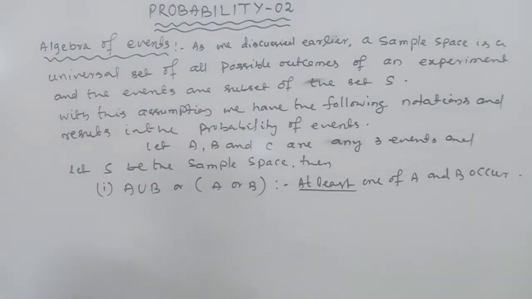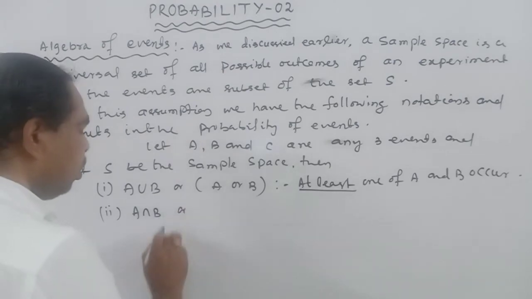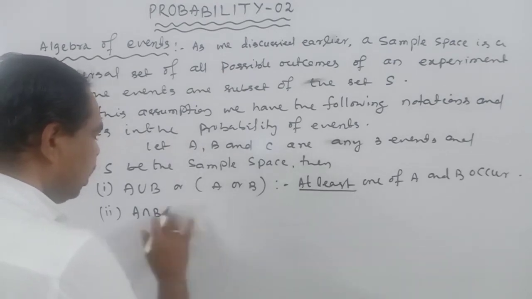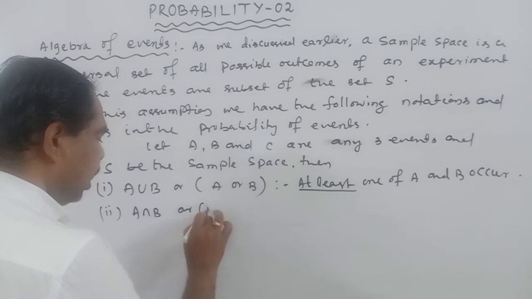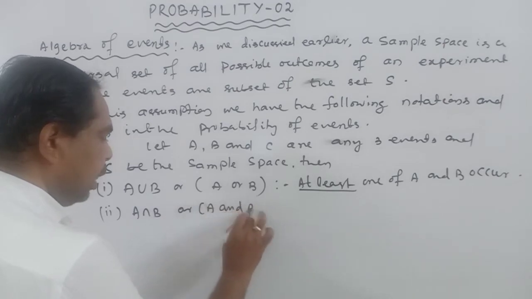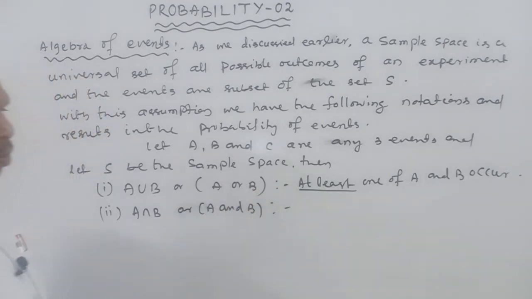Next, second: A intersection B, or we write A and B. A and B means what?